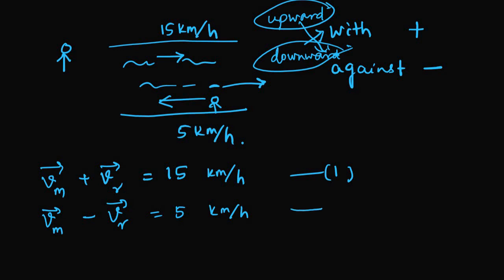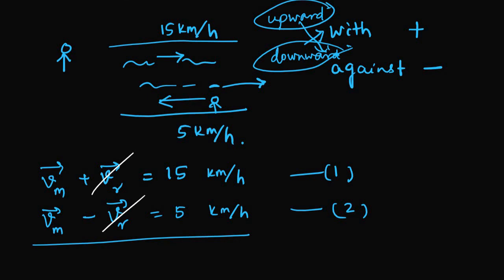This is another equation. Now you must have solved these kinds of equations in your algebra sessions in lower grades, so I think you should be able to solve it. If I add these two equations 1 and 2, the Vr terms cancel out, because one is plus and one is minus.